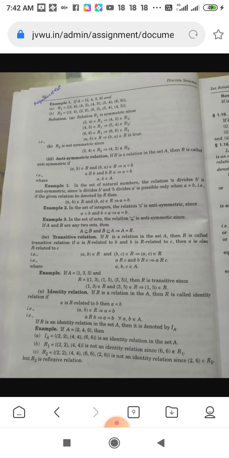First, I have defined the reflexive relation.